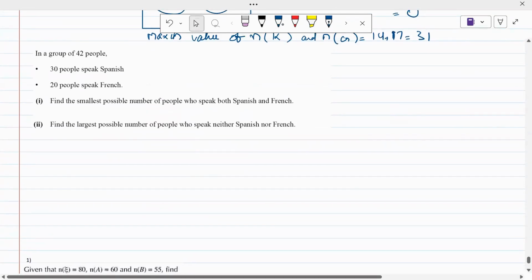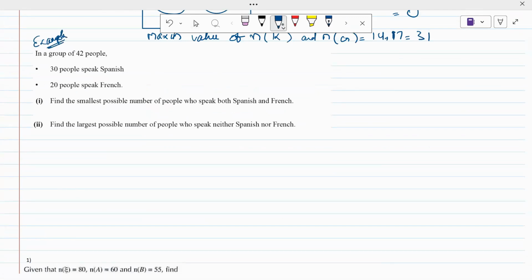Okay, now this one is from the past paper. So for this question, do you think we should be considering the disjoint sets or not?